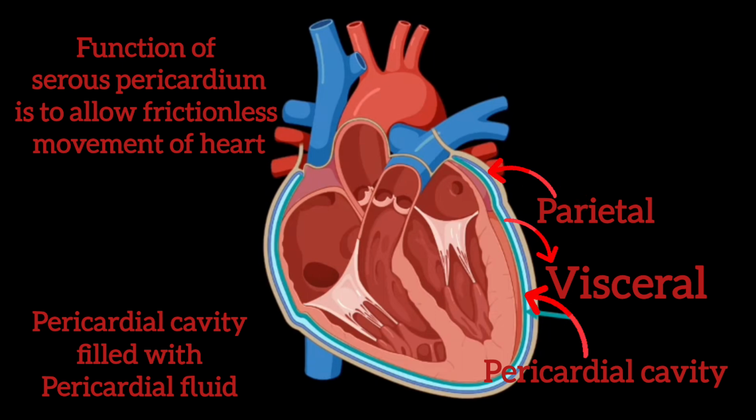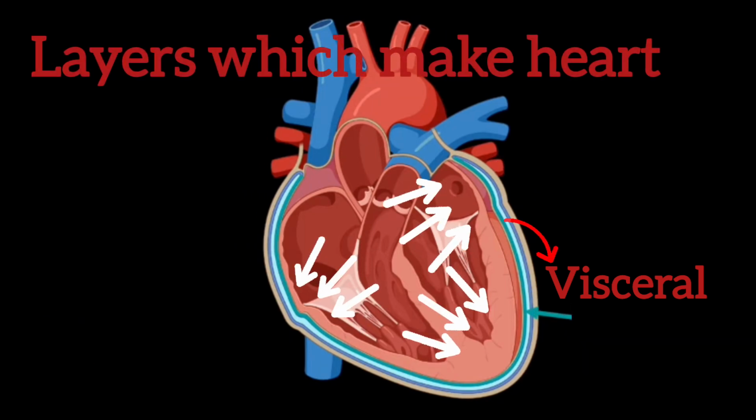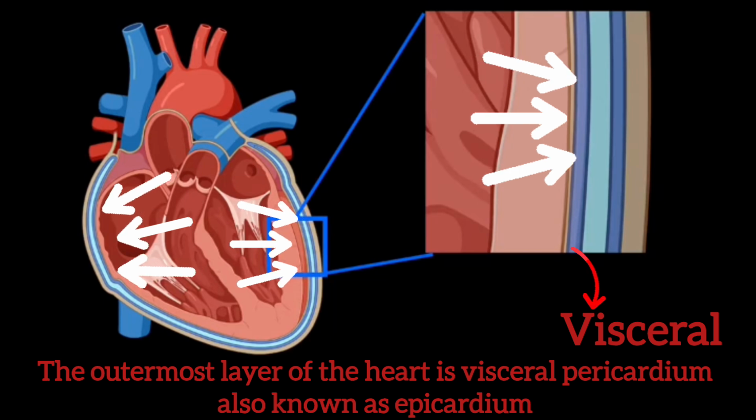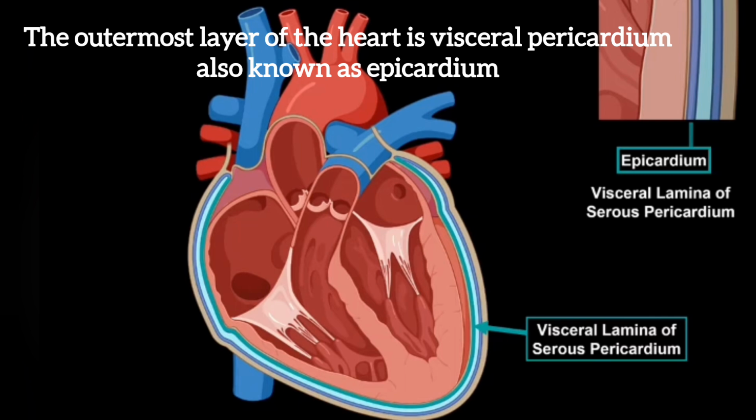Now, after the surrounding layers of the heart, let's talk about the layers by which the heart is made up. The visceral layer of the serous pericardium is directly attached to the heart muscles, thus acting as the outermost layer of the heart walls or the innermost layer of the pericardium. Thus we can say that the outermost layer of the heart is formed by the visceral layer of the serous pericardium.